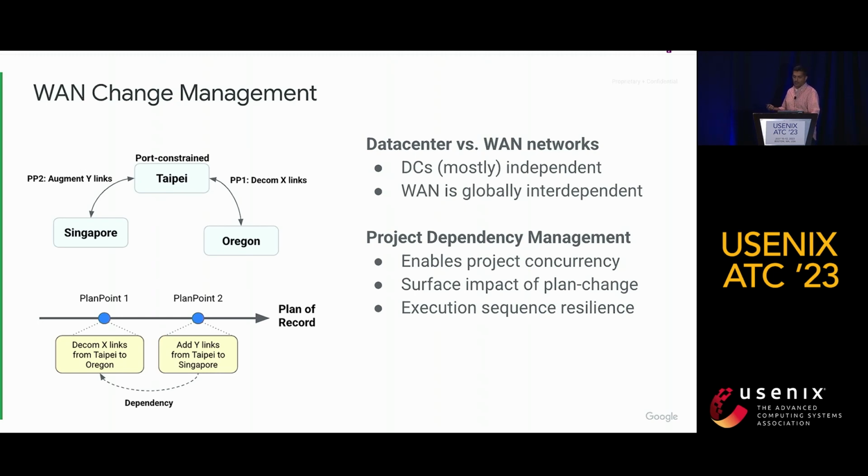TopoPlan allowed us to be flexible and resilient to these factors by exposing actual dependencies, allowing project execution reordering where possible, and also allowing concurrent project execution if no such dependencies exist.